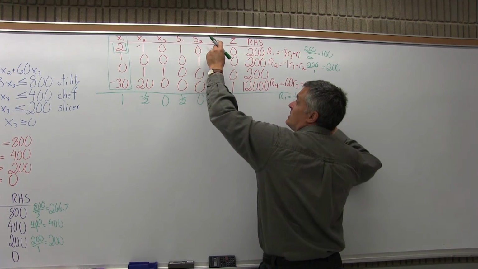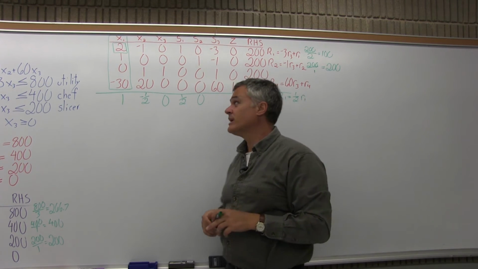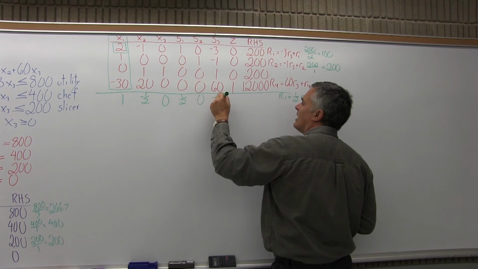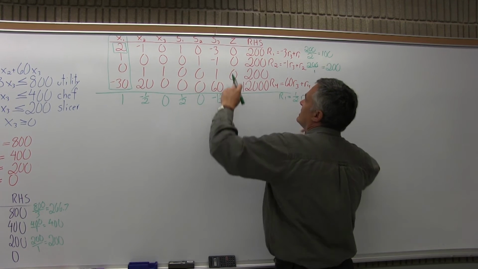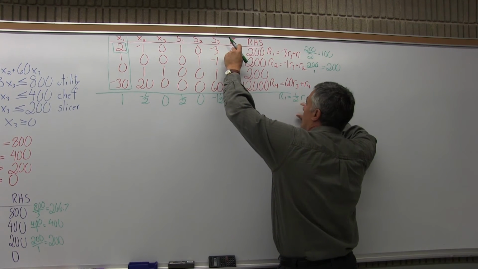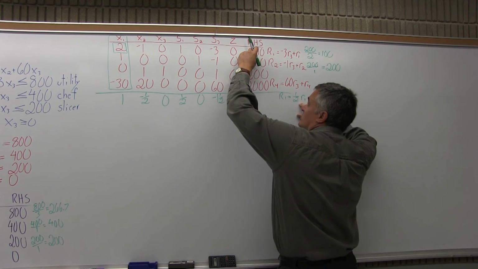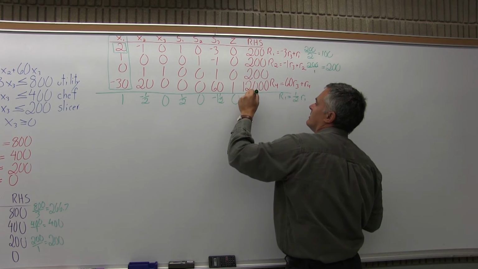In the s3 column, 1 over 2 times negative 3 is negative 3 halves, or negative 1 1/2, or negative 1.5. However you like to write it, I'll write negative 1 1/2. In the Z column, 1 over 2 times 0 is 0. And in the RHS column, 1 over 2 times 200 is 200 over 2, which I can reduce to 100.